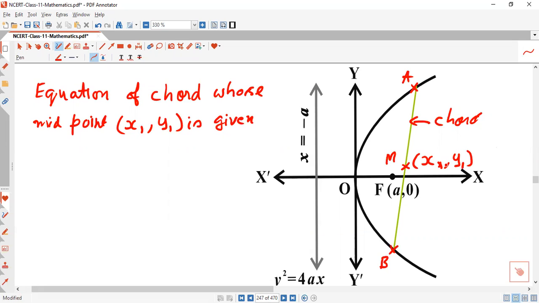Now I would like to write down the equation. This equation comes out the same as the one we use for circles, hyperbola, parabola, or ellipse. In all four cases, we get the same equation: S1 equal to T. So we say here T equal to S1.